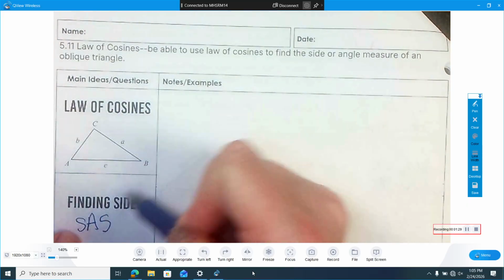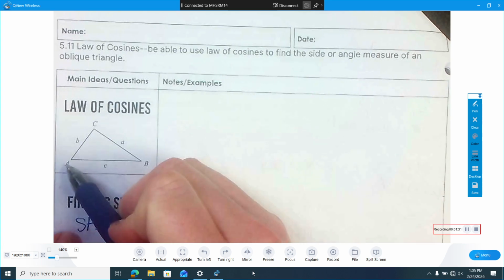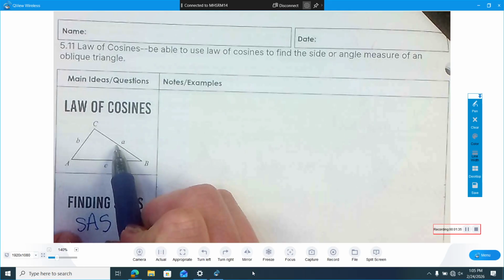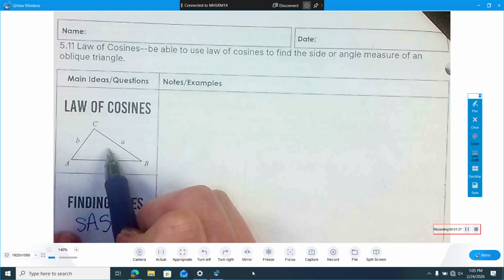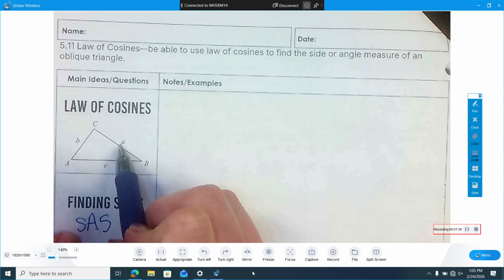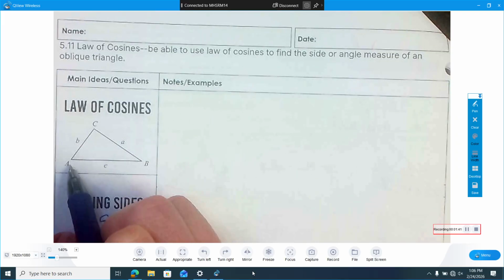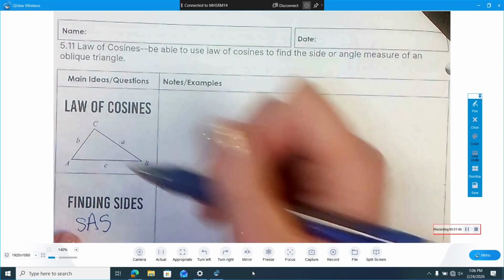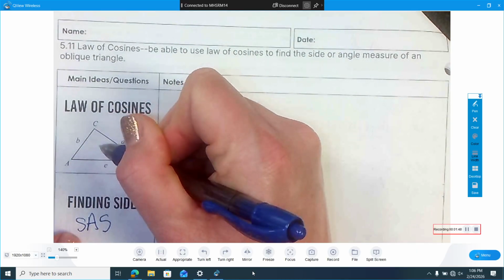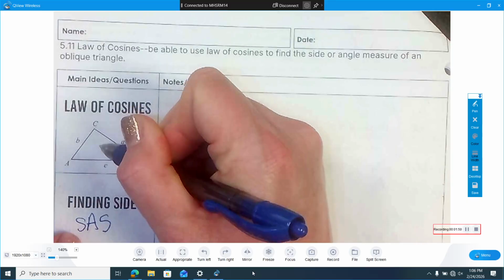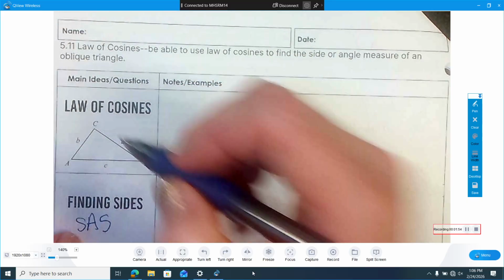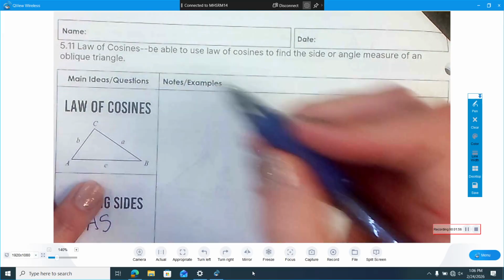And what you'll notice again is we have a triangle that has capital letters for the vertices, and the sides are the lowercase letters opposite their uppercase counterpart. So little side a is opposite capital A, and little side c is across from its vertex capital C. So we have a lovely little formula.